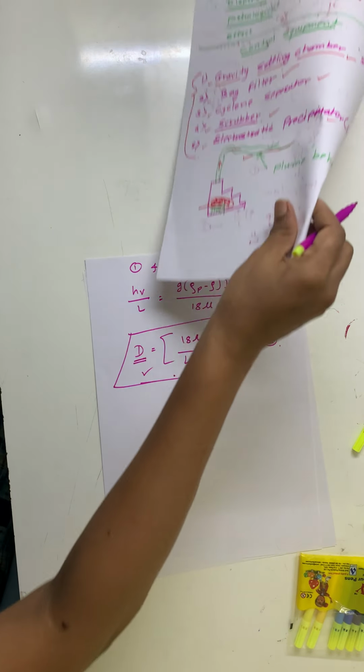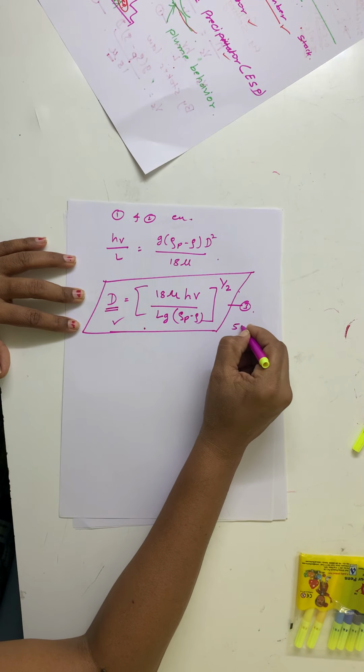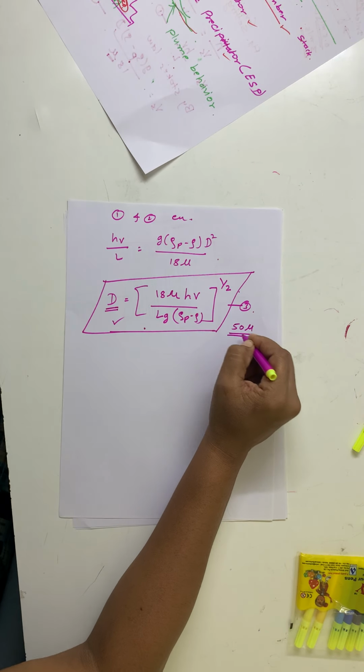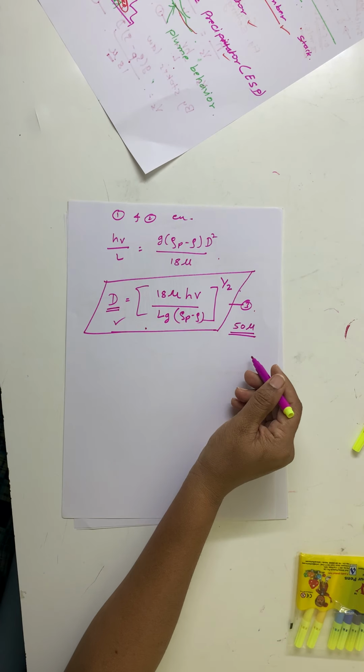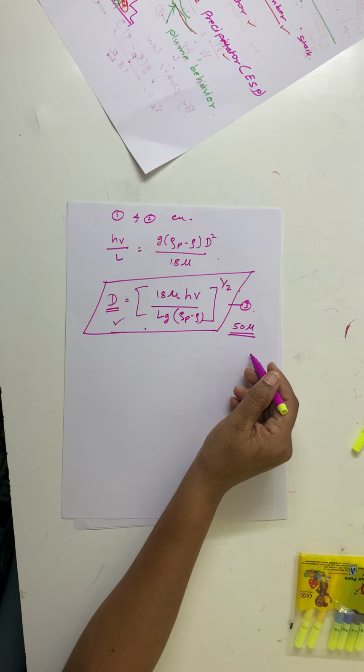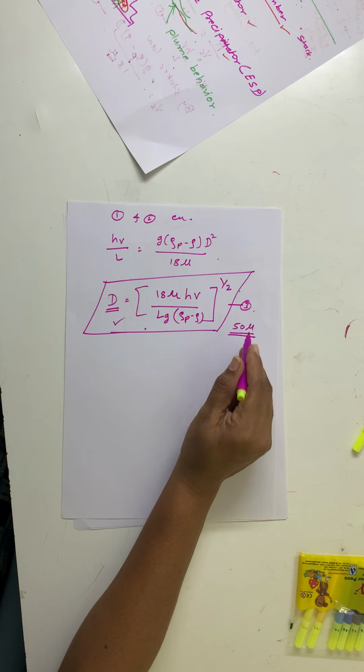Usually particles larger than 15 micron can be removed by using the gravity settling chamber. That's why this equipment is used first.